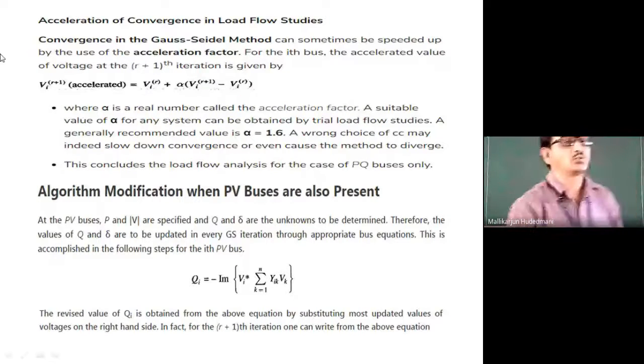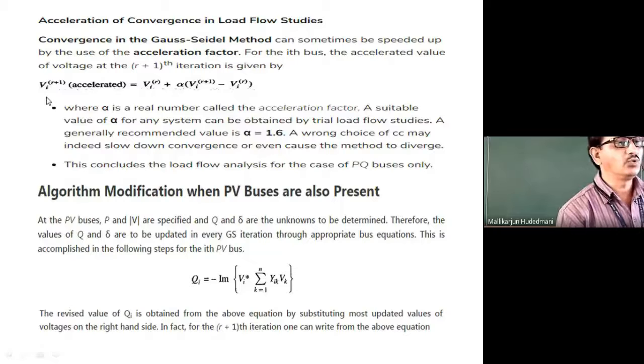You can see that for the voltage of any bus i, for any iteration, say R plus 1, where R may be 0 or 1. Currently, if I am running the Rth iteration, say iteration number 100, and I want to perform the 101st iteration, I will have the 100th iteration values readily with me.